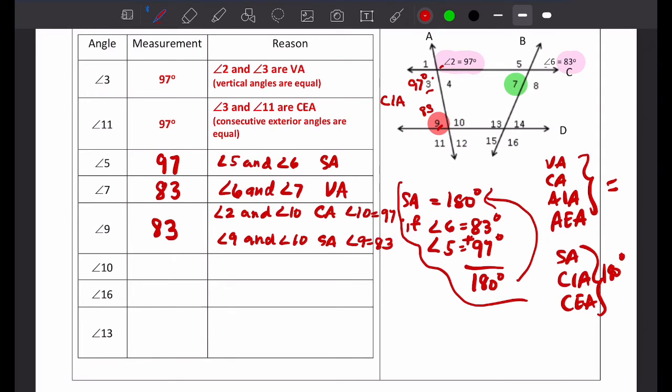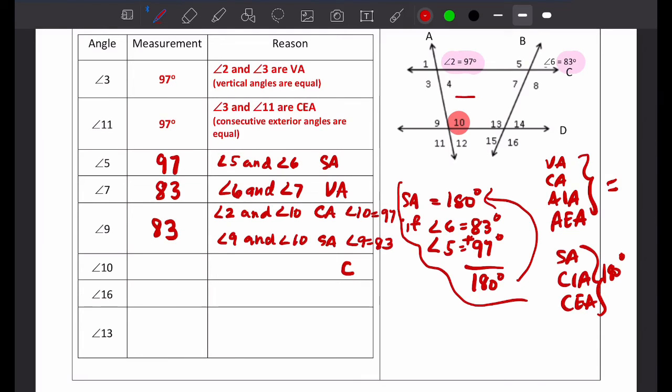This is a bit cluttered, so I'm going to erase. Let's erase this one, okay? So let's go to the next one, angle 10. So angle 10, what is the relationship of angle 10 to angle 9? So let's look at this 10, okay?